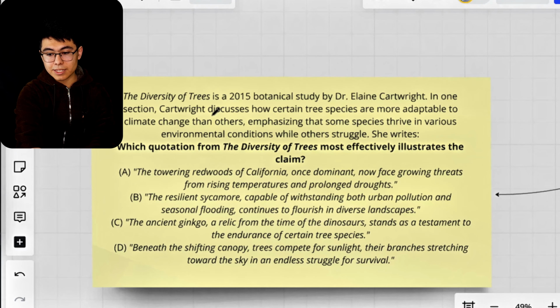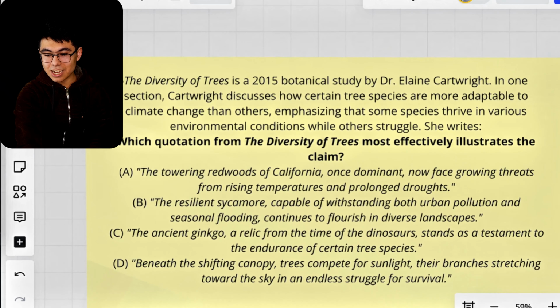So now let's read the short passage. The Diversity of Trees is a 2015 botanic study by Dr. Someone. In one section, that person discusses how certain tree species are more adaptable to climate change than others, emphasizing that some species thrive in various environmental conditions while others struggle.